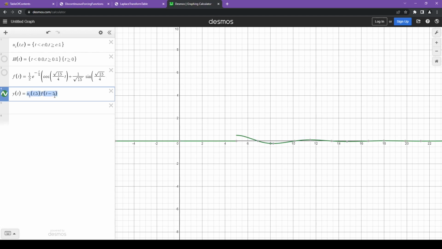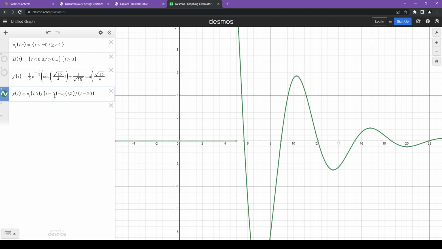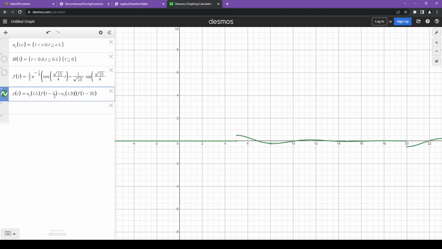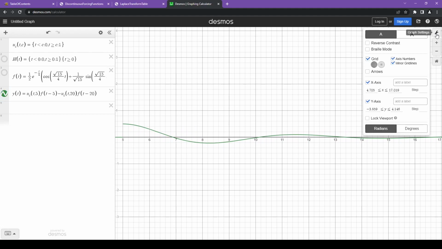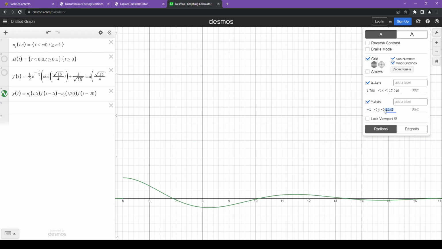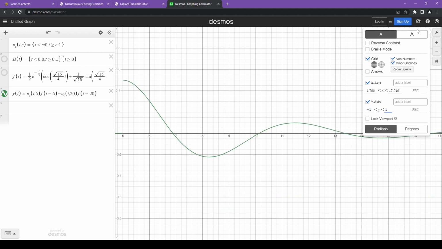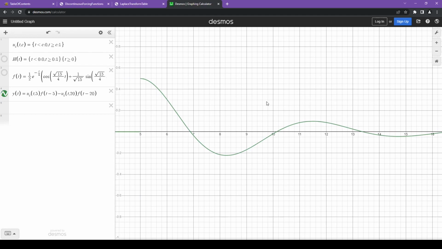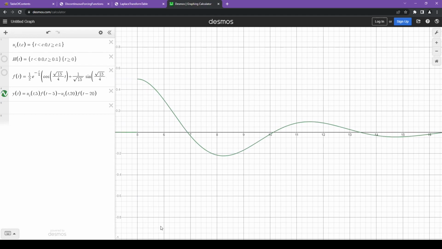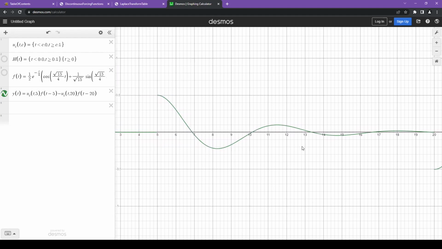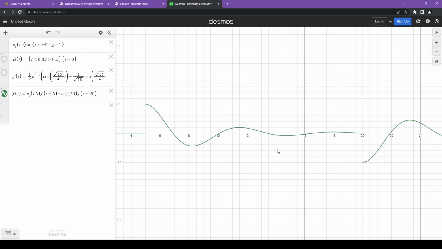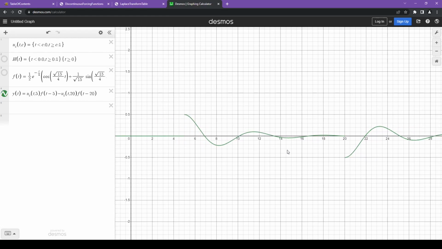And then we copy this, subtract from it, except now we replace this with 20. Then we want to zoom way in. Actually, let's set this manually.